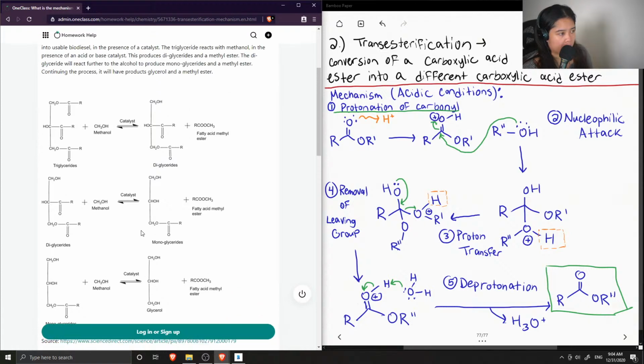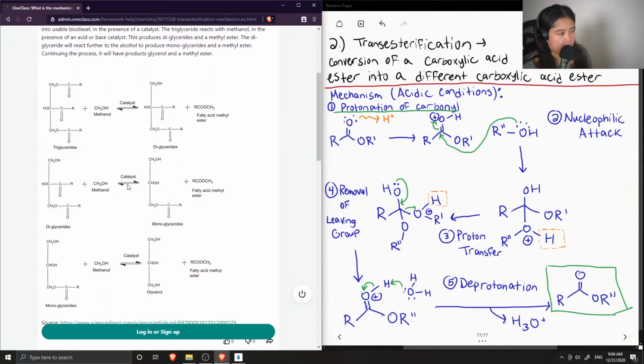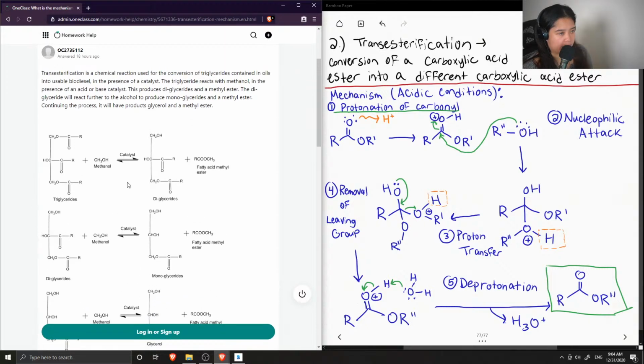Okay. So they pretty much show a reaction scheme of the conversion of triglycerides.